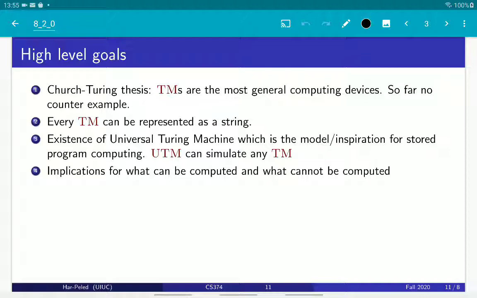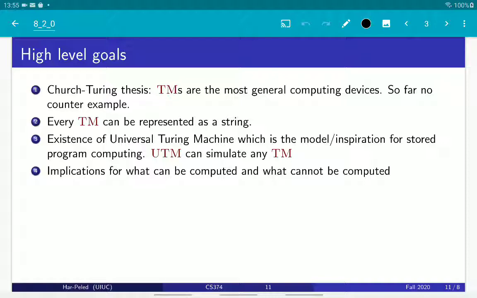And then if you're interested, you can verify that any program can in fact be converted into a Turing machine. In particular, the Church-Turing thesis was that all computers are equivalent to a Turing machine as far as what they can compute.